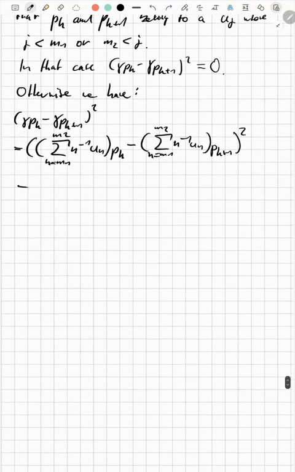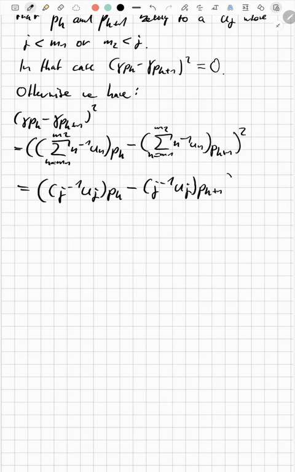So this will be j to the power of negative 1 uj, and from that the pkth element. And here we have the same thing, but the pk plus 1th element.